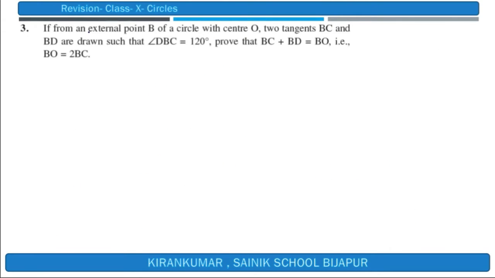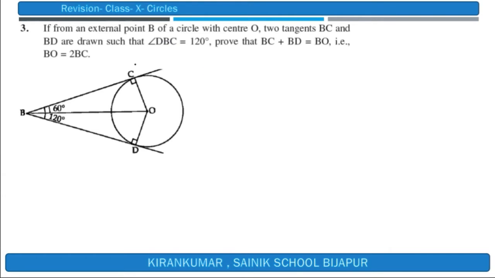Question 3. If from an external point B of a circle with center O, two tangents BC and BD are drawn such that angle DBC is 120 degrees, prove that BC plus BD equals BO, that is BO equals 2 times BC.